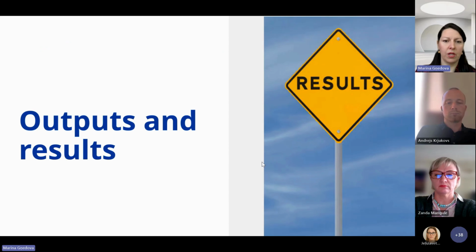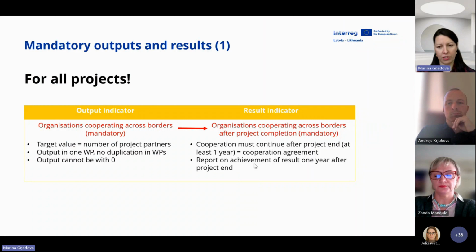Now we came to, I would say, the really main topic: planning outputs and results. For the first call, it was really challenging for partners, and for us also, to assess outputs and results.